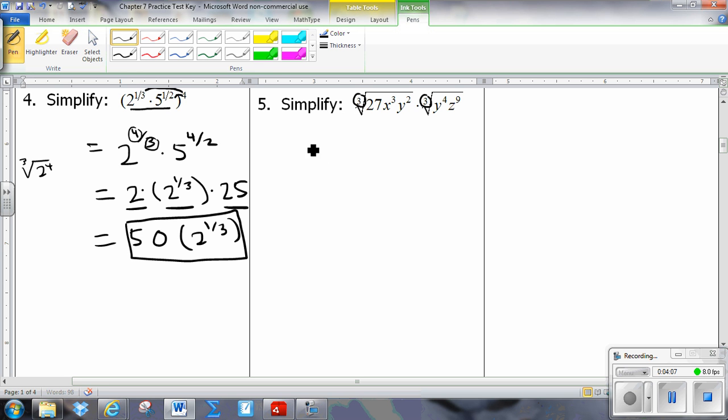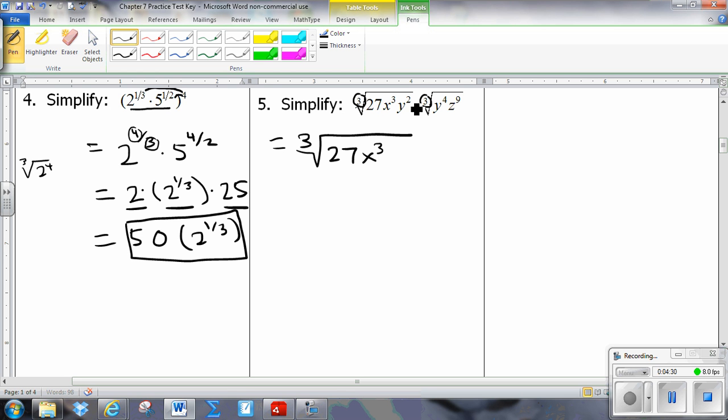Okay. All right, so this one, we have the same root, cube root. So what we're going to go ahead and do is put everything underneath the same cube root. There are other ways to do these, but this is probably the most efficient. So since I'm putting everything under the same root, I can go ahead and combine these together. There's a 27 here. There's no numbers over here, so it's just going to be a 27. We got an x cubed here. There's no x's here, so it's just staying an x cubed.